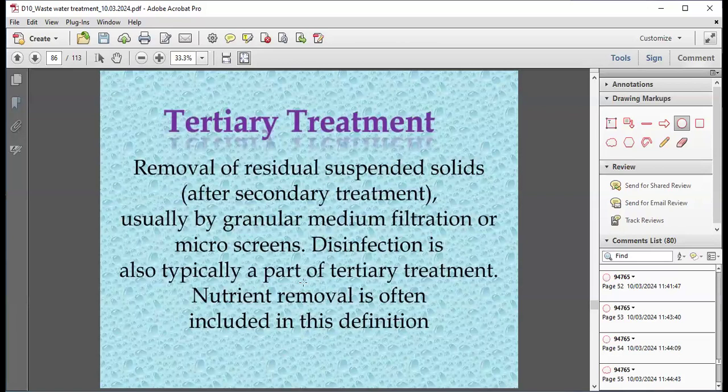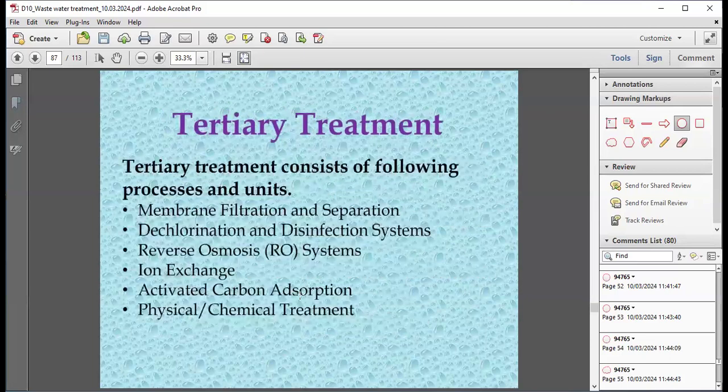Disinfection is also typically part of the treatment. Nutrient removal is often included in this definition. Tertiary treatment consists of the following processes and units.